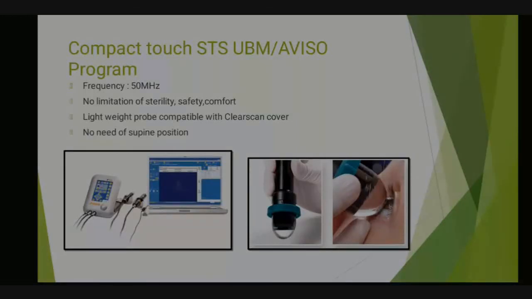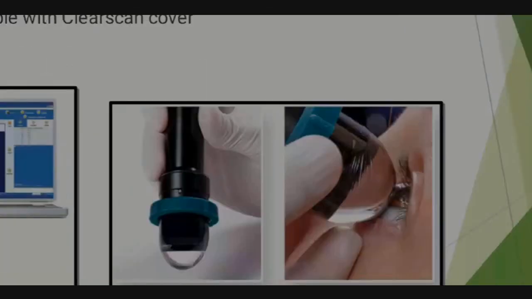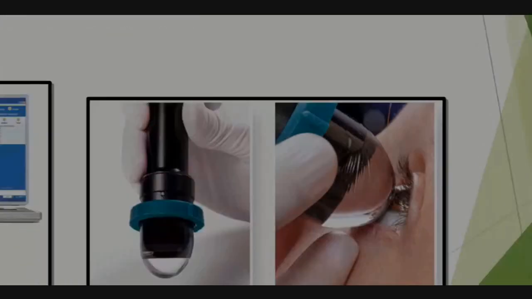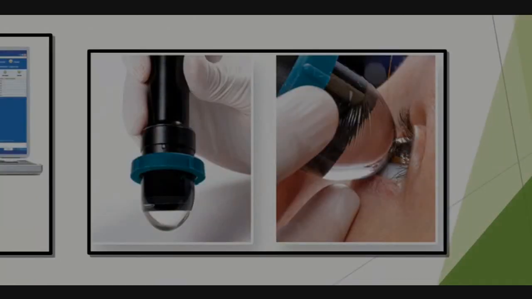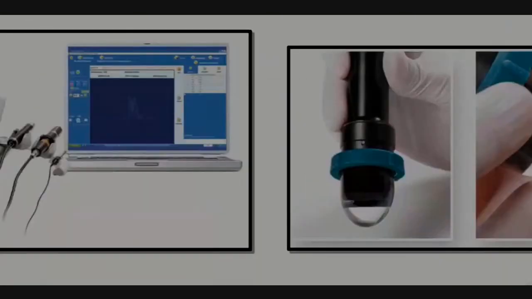The frequency used is 50 megahertz. Here you can see we need not place a cup or put a coupling medium, it is already fixed in the probe. We just need to place the probe at the clock hour we need to scan, and then we get the image on the screen.